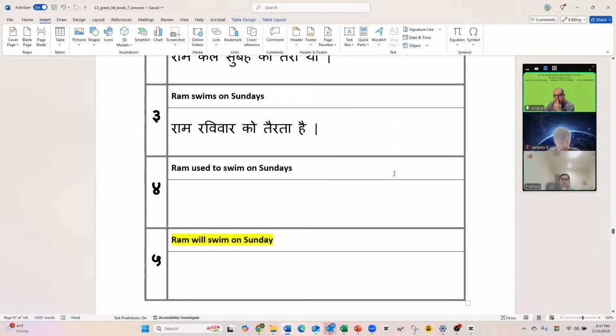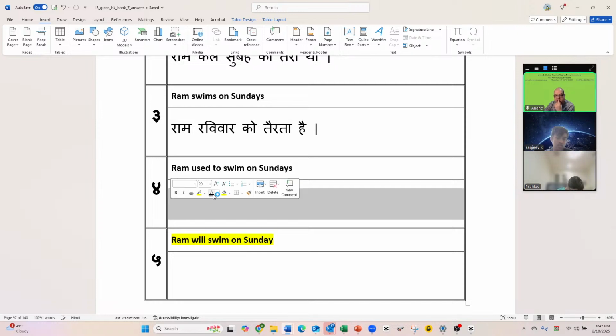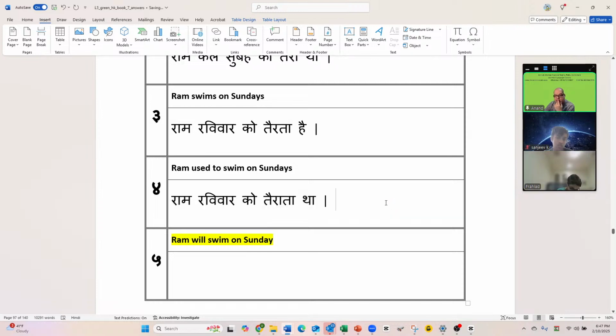Ram used to swim on Sundays. राम रविवार को तैरता था. Which means the habit has stopped. There was a habit of swimming every Sunday, which is no longer being practiced. So it is tha. When you say Ram Ravivar ko tairta hai, the habit is still being practiced.